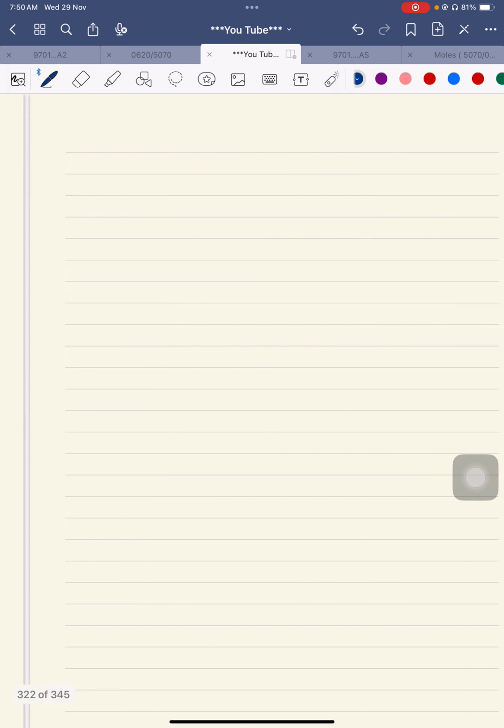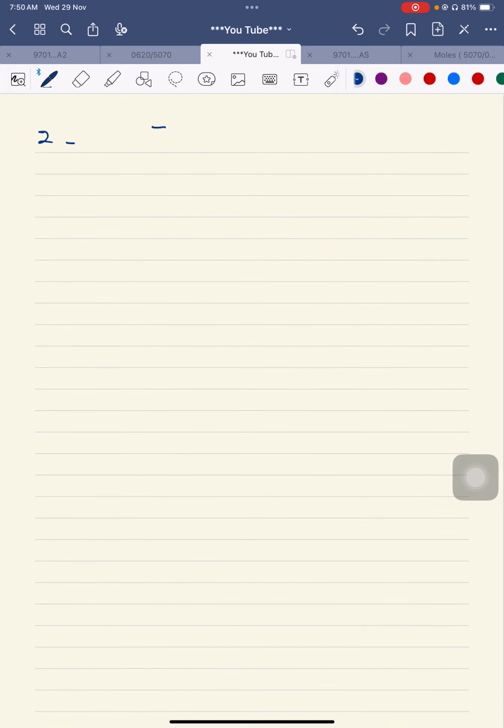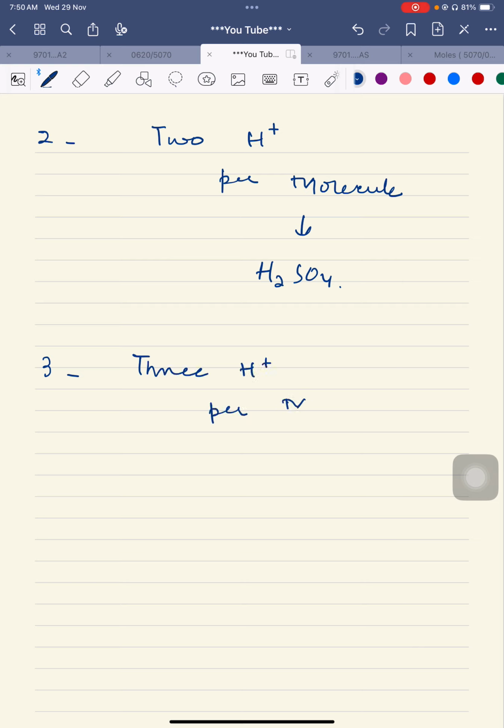The second category releases two hydrogen ions per molecule, and the example is H2SO4. The third releases three hydrogen ions per molecule, and the example for this is H3PO4.